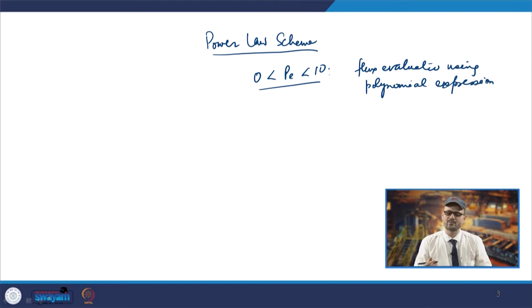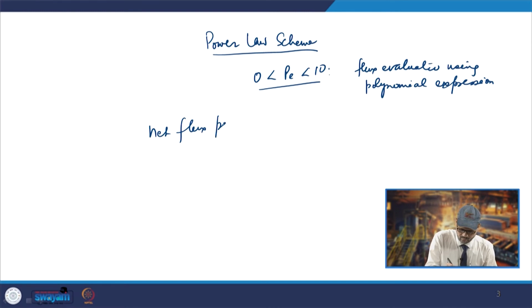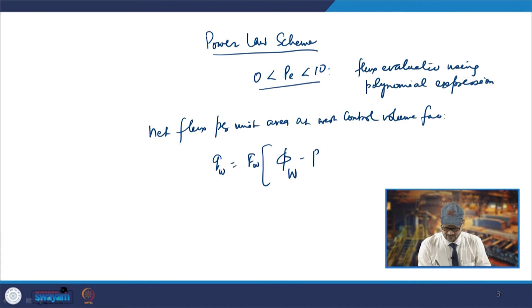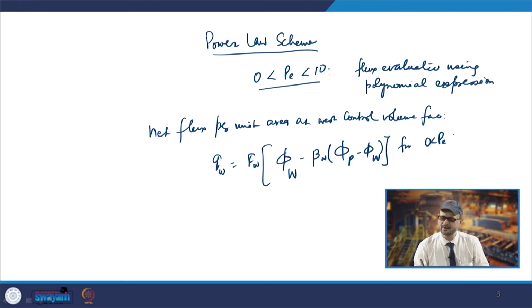If you try to find the net flux per unit area at the west control volume face, that will be given by one polynomial expression, and q w will be F w multiplied by phi at the west node minus beta w, and this will be multiplied by phi P minus phi W. So, that is for the Peclet value from 0 to 10.